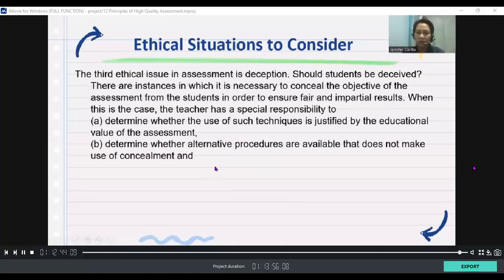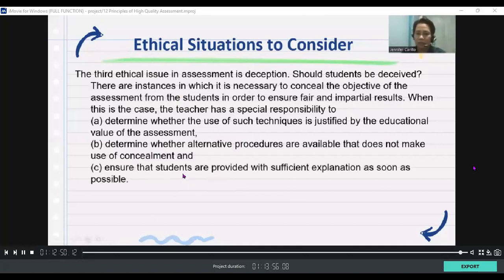You should consider whether to continue your test or not, especially if it does not appeal to your learning outcomes. Ensure that students are provided with sufficient explanation as soon as possible. If you are conducting a test for research, you must ask permission from the students or your respondents.